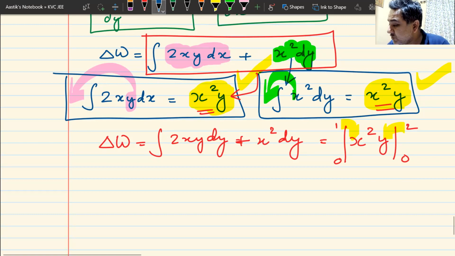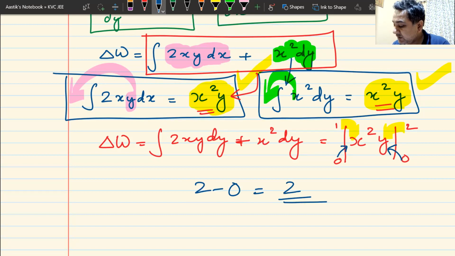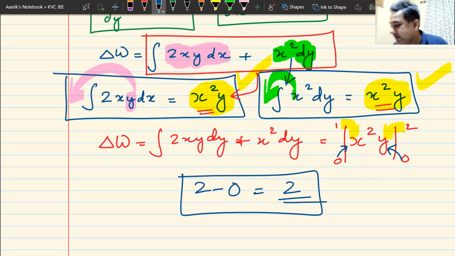So the first answer is 2. Then I put the value of x as 0 and y as 0. 0 multiplied by 0 is 0. So it is 2 minus 0. The answer for this entire thing is simply 2. And that is how this has to be done.